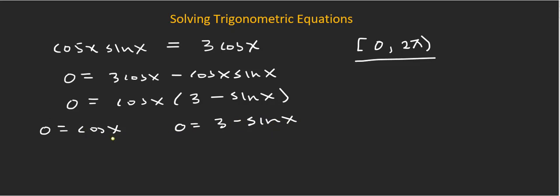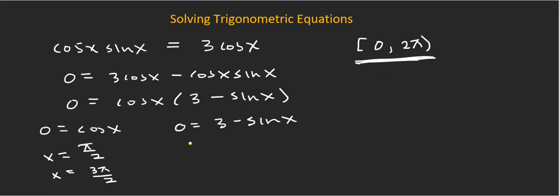Now cosine of what is 0? Well, that's when x equals pi over 2 and x equals 3 pi over 2. Now notice, you don't need 2n pi anymore. Why? Because you have the restrictions now. And notice, pi over 2 and 3 pi over 2 are within the restriction.